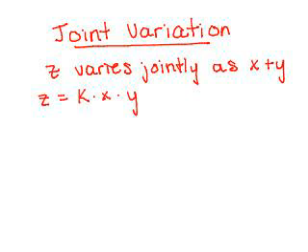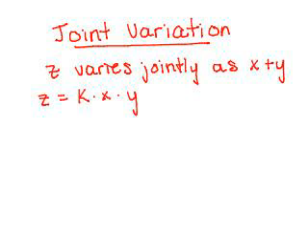You could have 2 or more in there, but a joint variation is pretty similar to a direct variation, just more than one variable. So it could be read z varies jointly as, or sometimes they'll say jointly proportional. Okay.